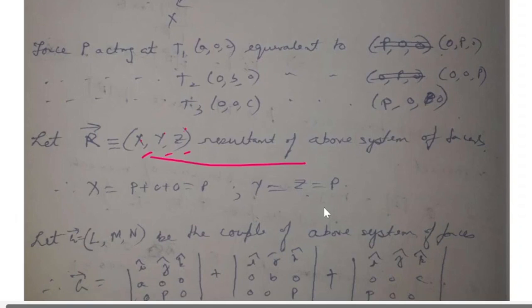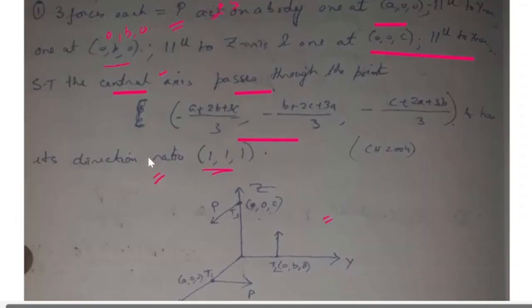Why are we all of a sudden trying to find X, Y, Z? Because our main motive in the question is to find the central axis first. Once we find the central axis, using that equation we can show that the central axis is indeed passing through this point. And as soon as we find the equation of the central axis, from there we can find the direction ratios.